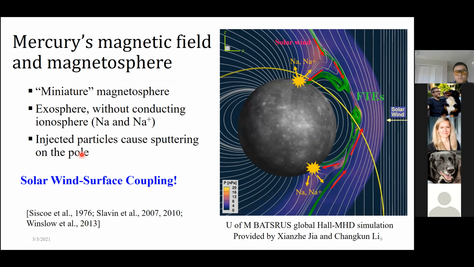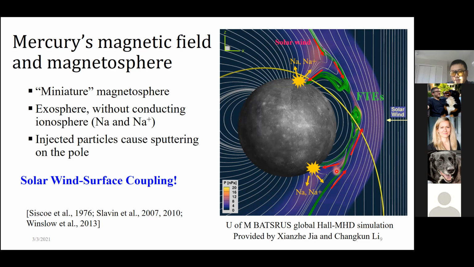On the right-hand side here, we show a snapshot of a global Hall MHD simulation. This figure is provided by Xinzhi Jia and Changkun Li. They both work on the U of M BATS-R-US model. This region here is the magnetopause.